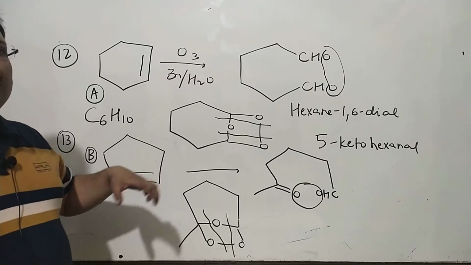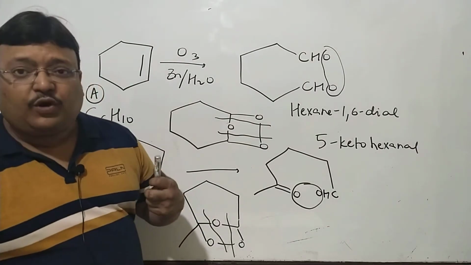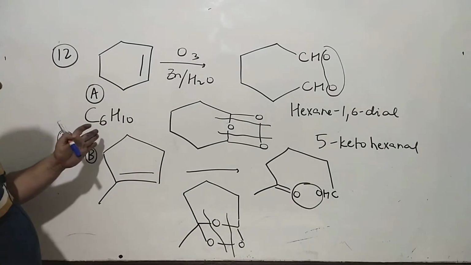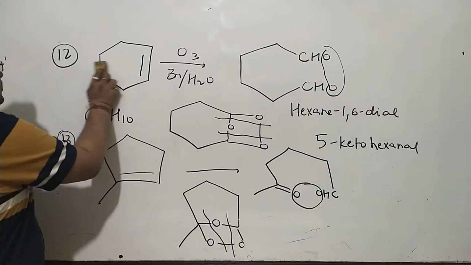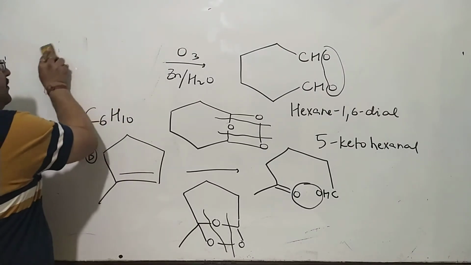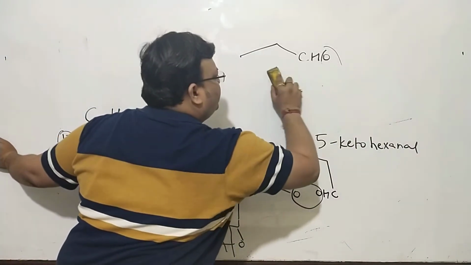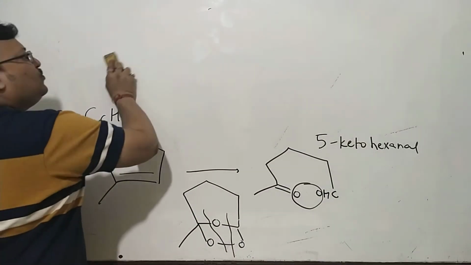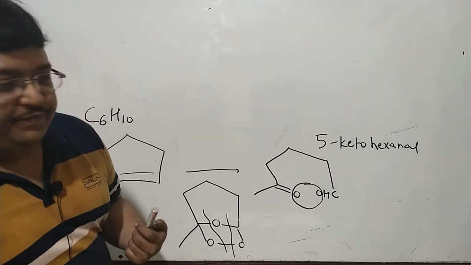I want to draw maybe one more compound with the same formula, and get a different ozonolysis product. So with C6H10, a 6-membered ring, a 5-membered ring, suppose I get a product which is 2,5-hexanedione.